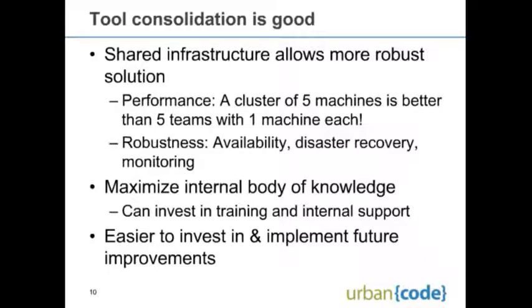Yeah, and I think we already talked a little bit about the training aspect of this, but there's also just the hardware aspect. If everybody has to set up their own build infrastructure, right? They're probably each going to have one build machine, maybe two. But if we're able to consolidate that, we could probably have a smaller number of total machines and more throughput for any given team, especially if we're doing worldwide development, right?